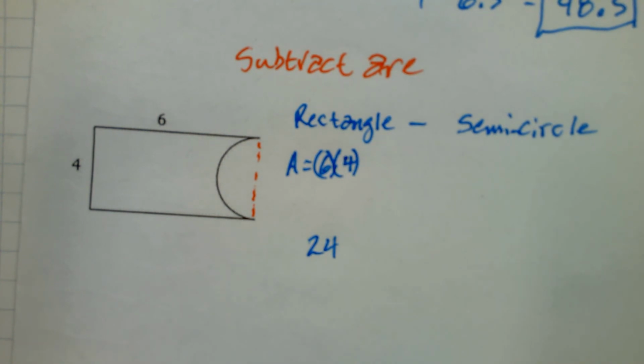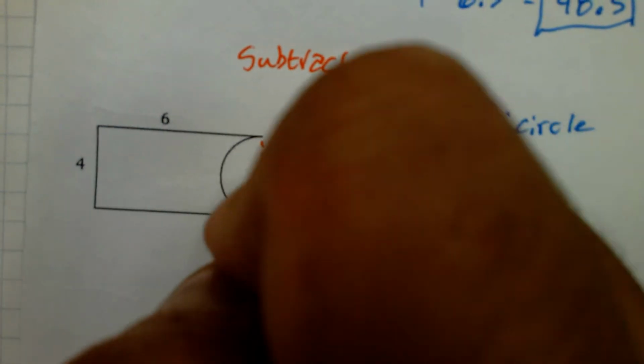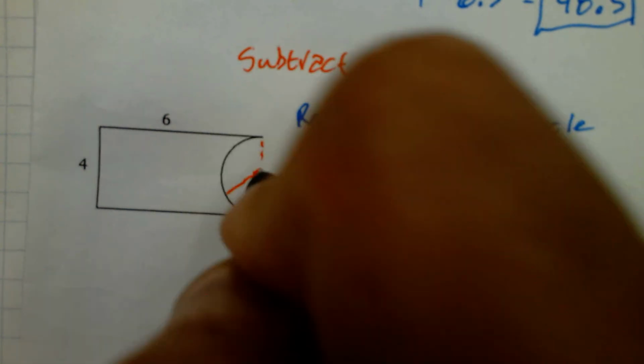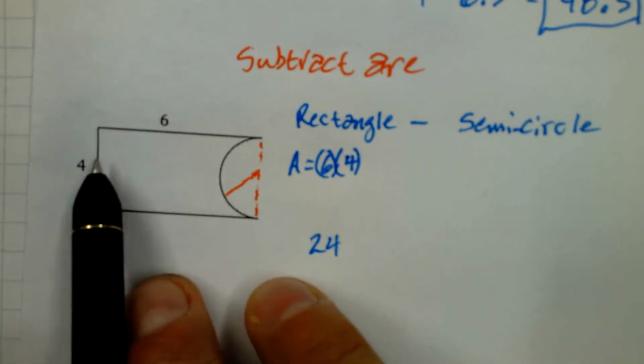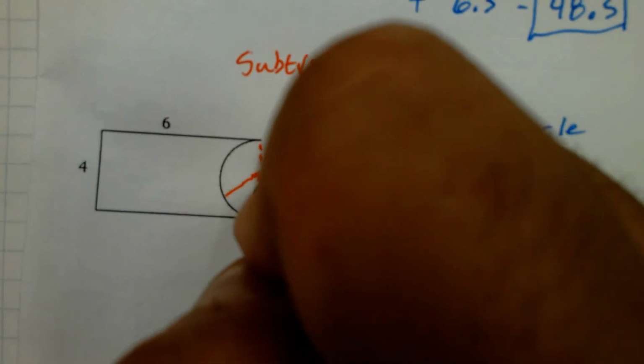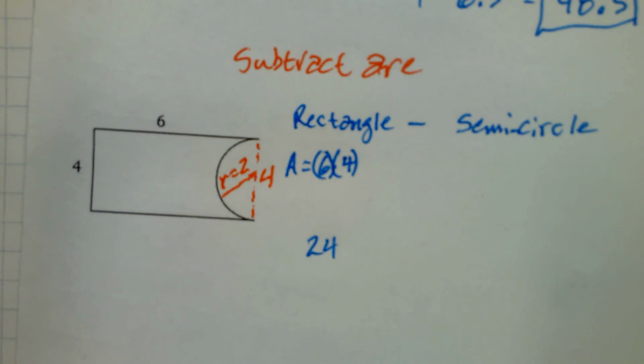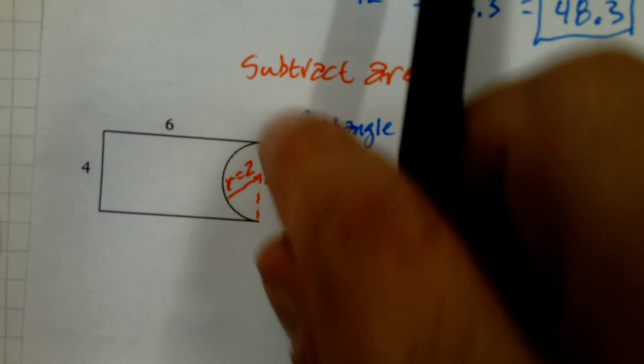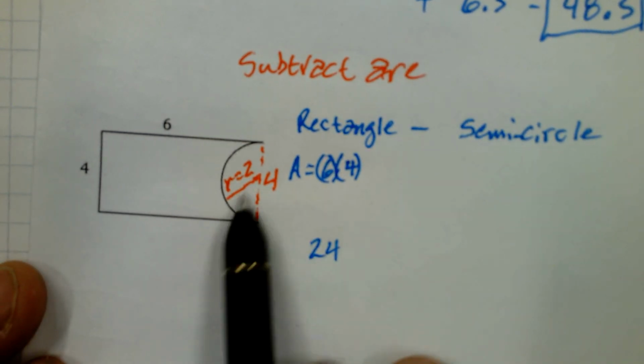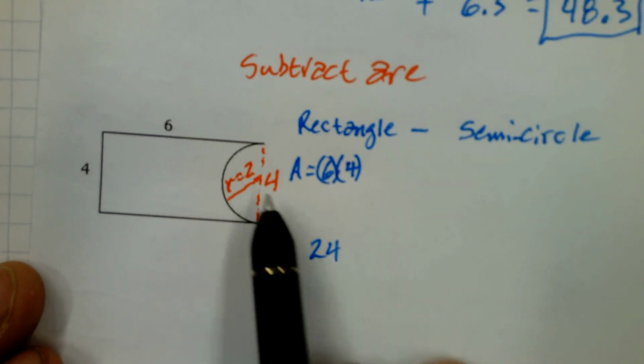So now let's take a look at our semicircle. We're going to need a radius. It's going to be 2. Transfer the 4 over here, but that's a diameter. So the radius is going to be 2. That's 4, but then we need a radius, which is half of that.